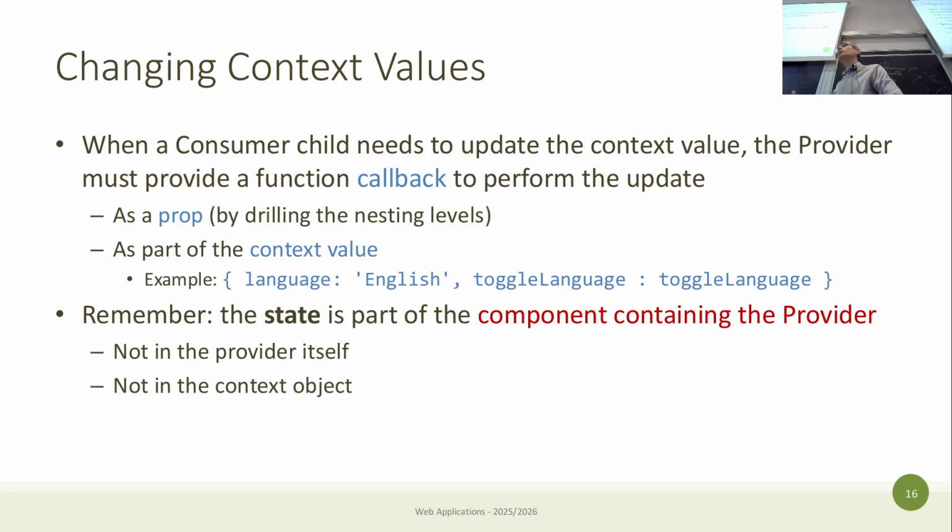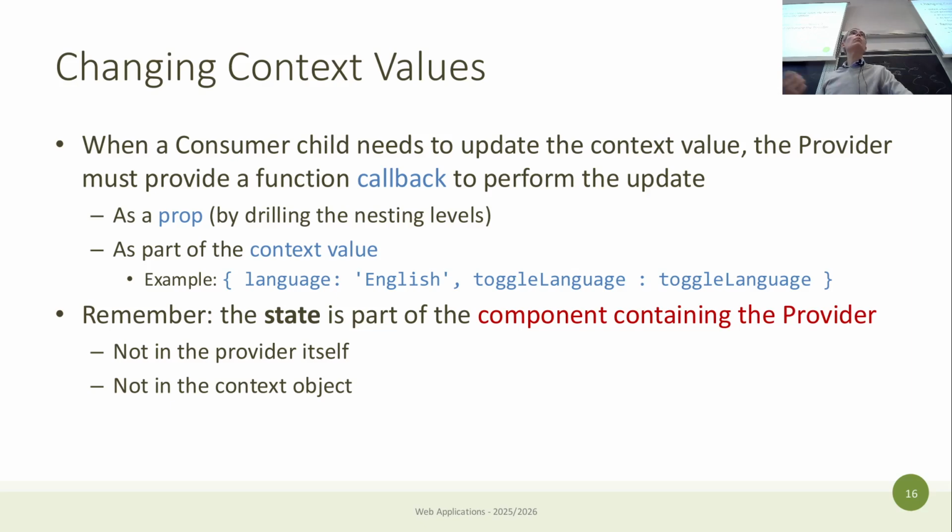Either you create a new context, or since they are strictly related things, you pass an object instead of a simple value like a string as the value of the context. Pass what you need as the value of the context: language, that's a string, and toggle language, that's a reference to a function. That's perfectly fine, as you would pass it with props, and we saw it since we started seeing states in React. It's fine to pass a function inside a context.